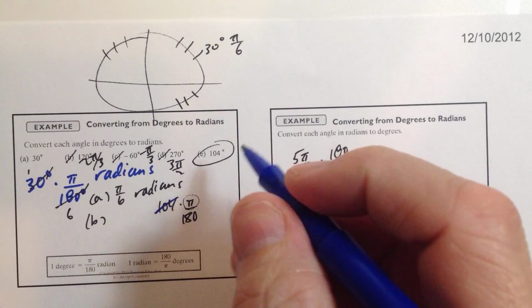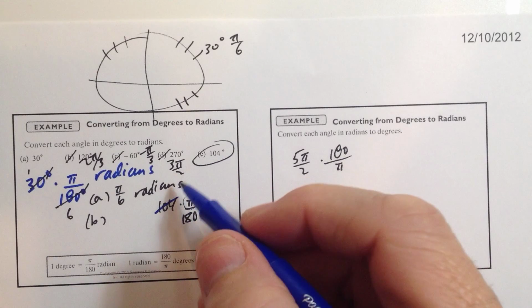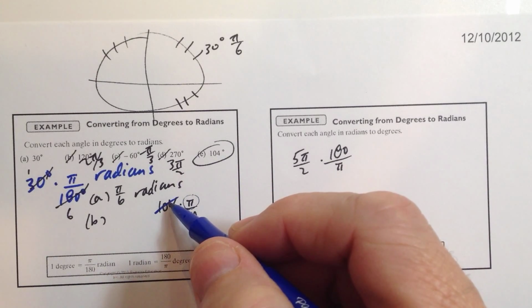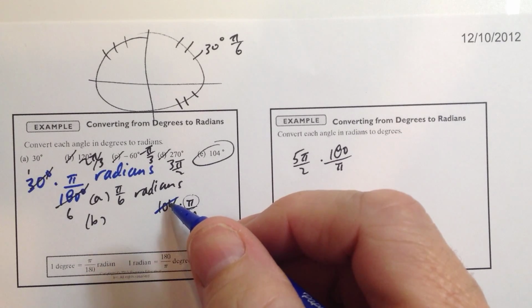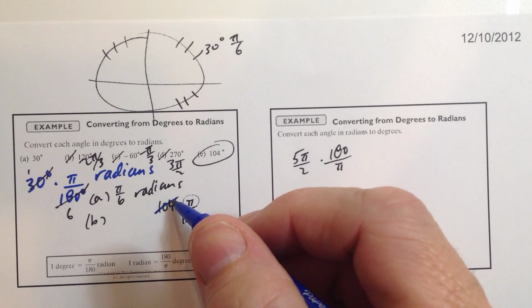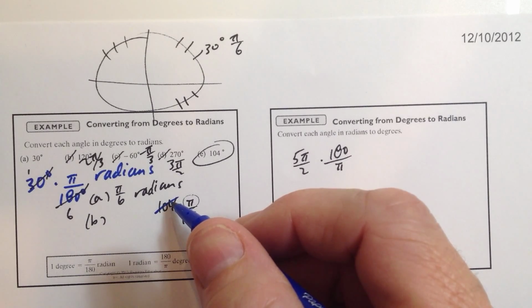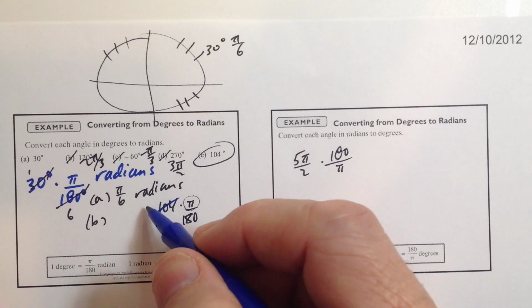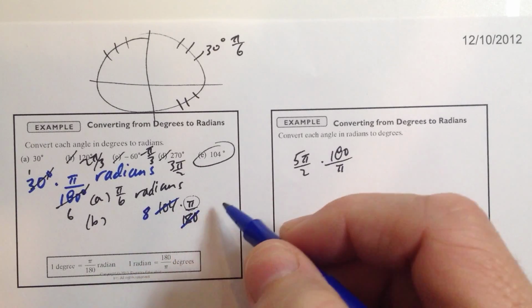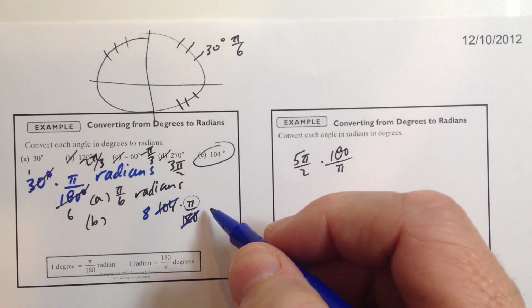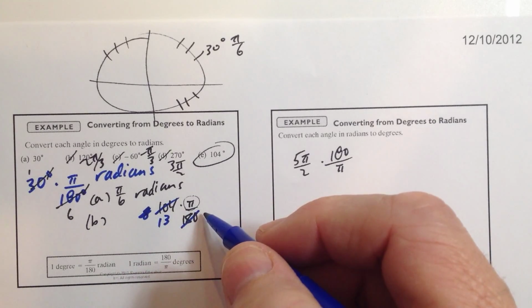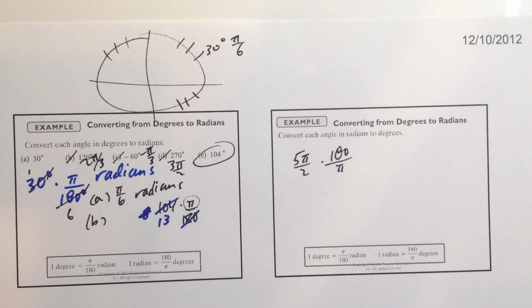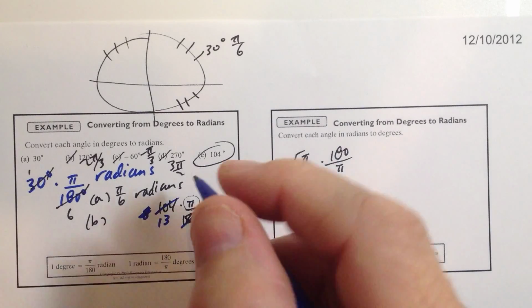So let's see, 26 goes into there 4 times. That means that 13 goes in 8 times, right? 13 times 8, 26 times 4... no, that's not what I meant. I did try to do too much in my head.